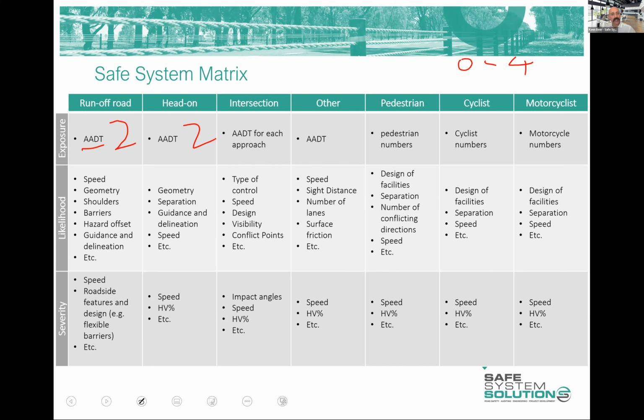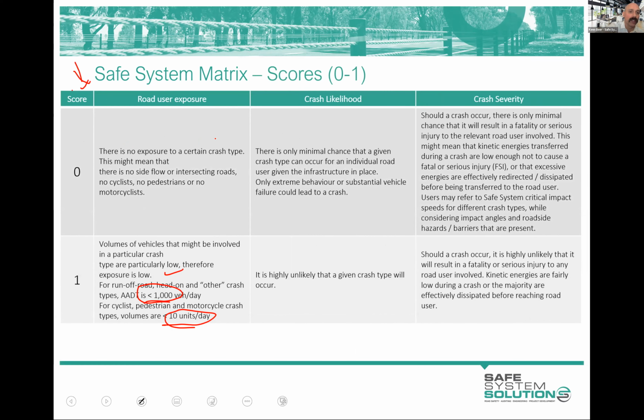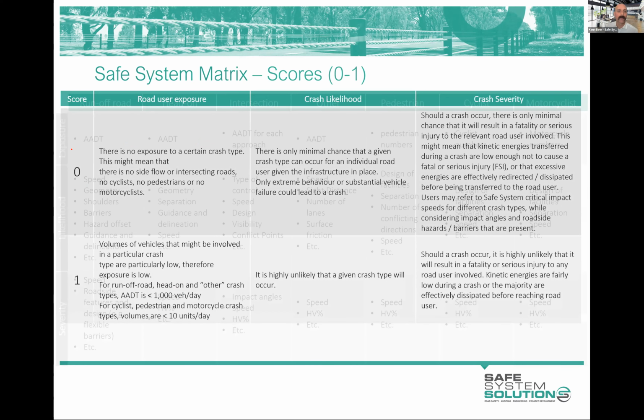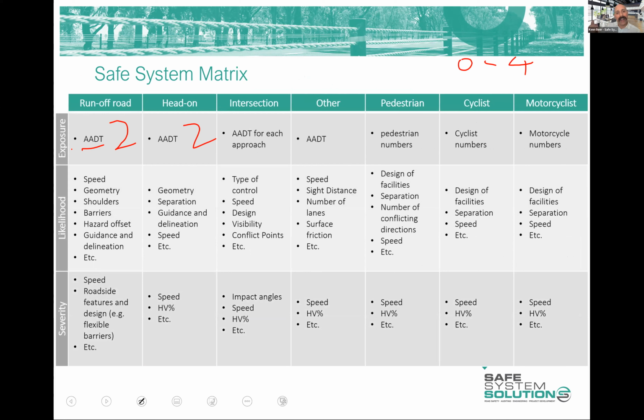Then we get to intersections. You may have an assessment of a stretch that doesn't have any intersections, in which case you would put a 0 because there is no exposure. It says that here: no exposure to a certain crash type is a 0. But if you have an intersection, you take that 2,000 and add whatever volume is coming from the side road.